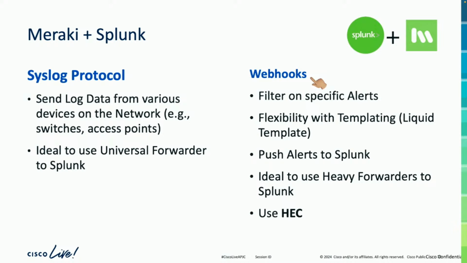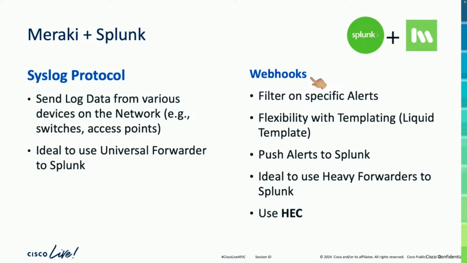If you have a universal forwarder configured in Splunk, then you have an IP address and a port, and you can go into the syslog configuration in Meraki and say, whenever anything happens, here's the URL that I want you to send the JSON data out to. That's where it's going to send that log data within Splunk. This is the problem: there's no filtering on this.